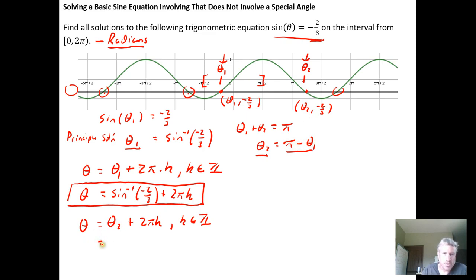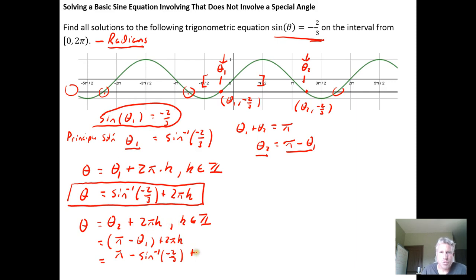So this just equals pi minus theta sub 1 plus 2 pi k. And we know that theta sub 1 is just the sine inverse of negative 2/3.